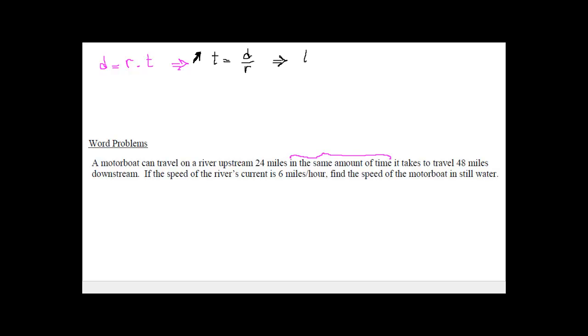So what would be the time going upstream in terms of D and R, anyone? The distance is given. What's the distance here going upstream? 24 miles. Okay.